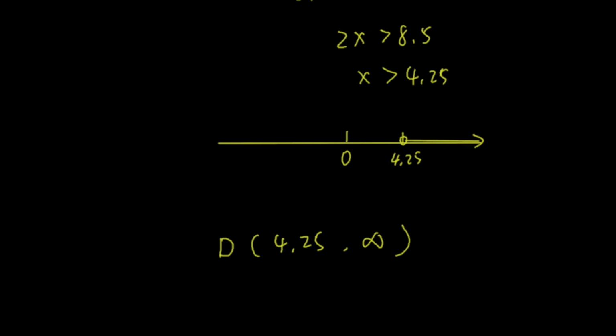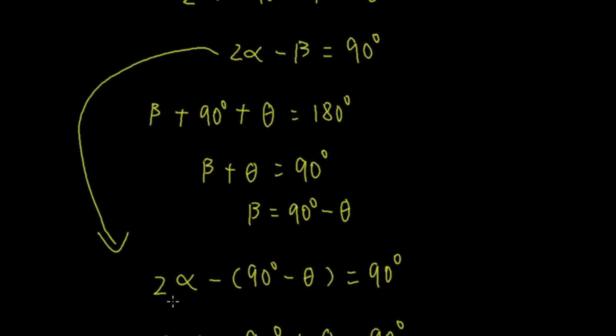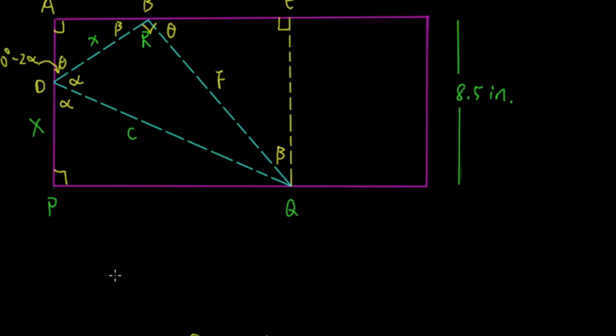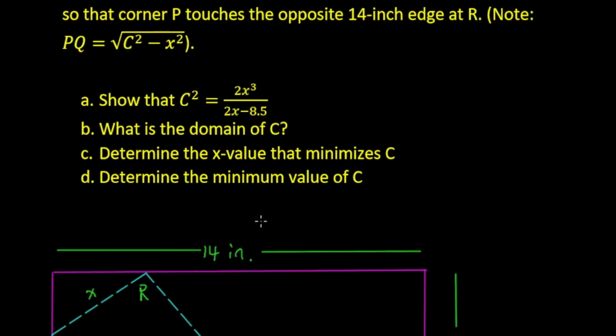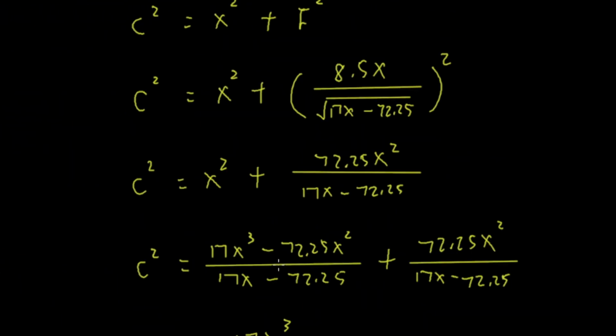Now, let's look at part C. Determine the x value that minimizes C. So now, how do we do that?